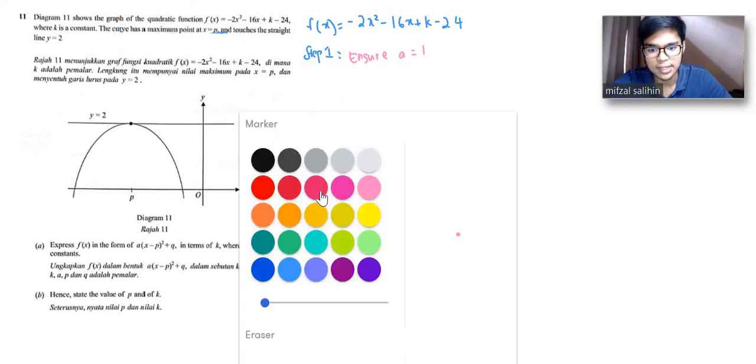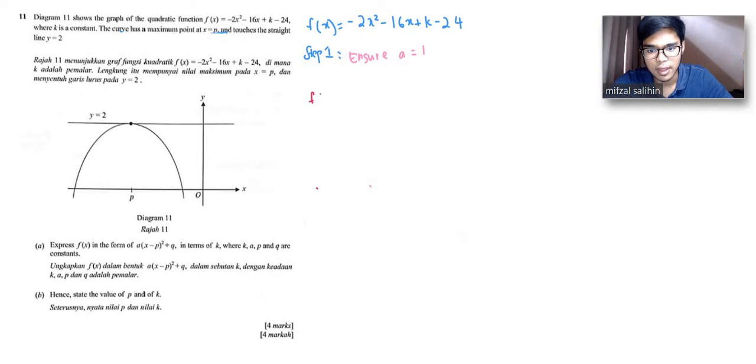Hence, what we'll get is f(x) equals negative 2 bracket x squared plus 8x minus k over 2 plus 12.